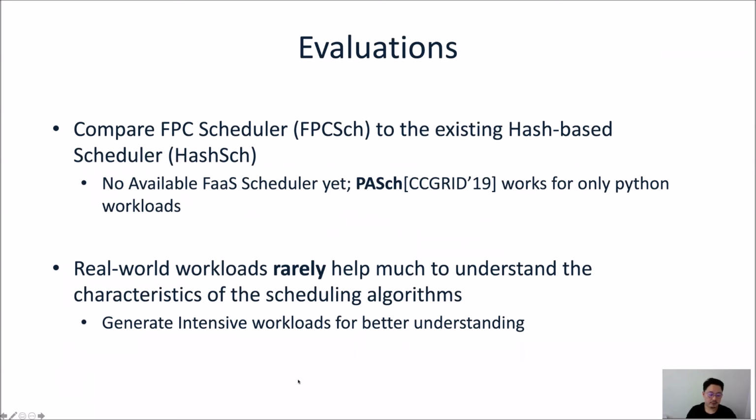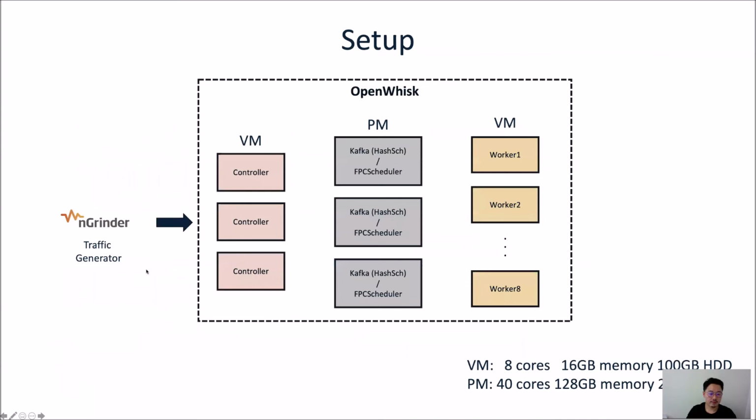And we generated the workloads because it is more efficient to show the characteristics of scheduling algorithms. We used 3 VMs for controllers, 3 PMs for Kafka and the FPC scheduler, and 8 VMs for workers. And we used ngrinder to generate the traffic.